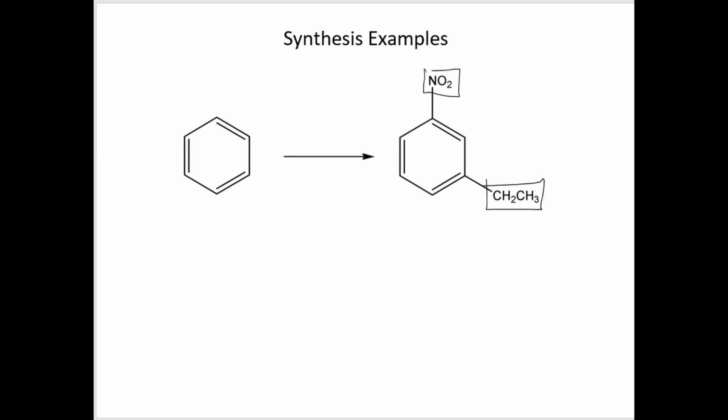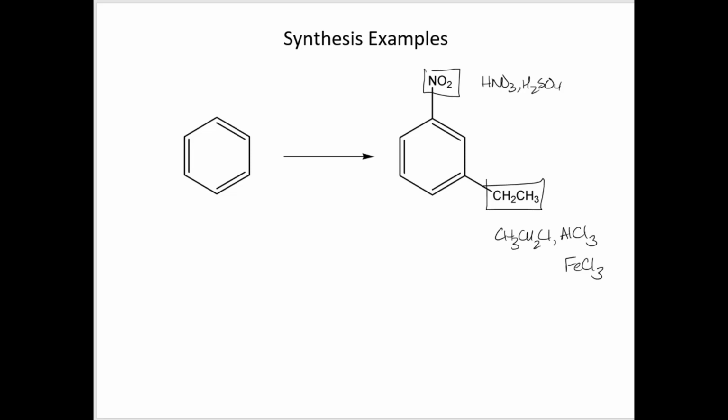And so that should be straightforward, and this is where you're going to have to know your reagents as well as knowing how to write the products of the reaction. So we would add a nitro group by adding HNO3 and H2SO4, and then the ethyl group would be ethyl chloride and aluminum trichloride, although you could also use FeCl3 as well.